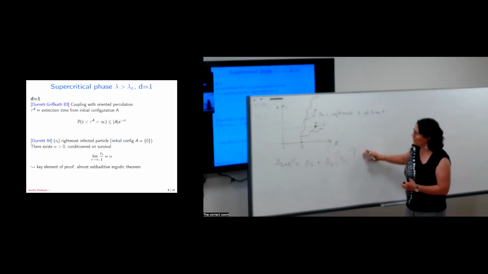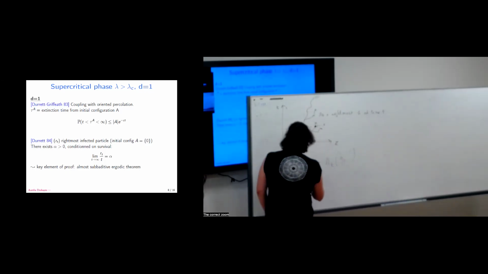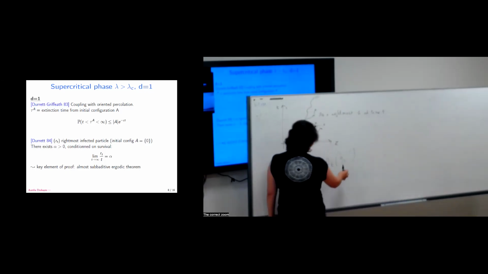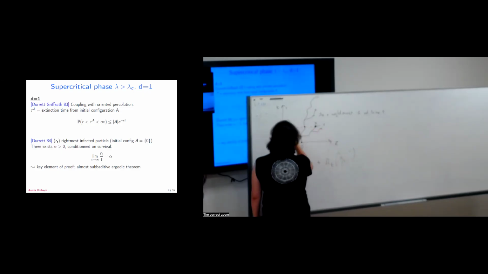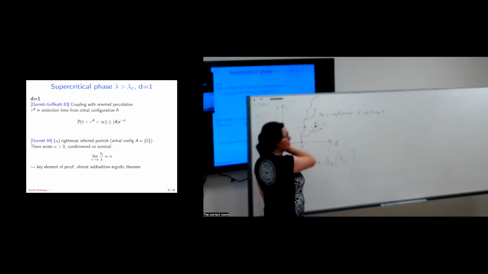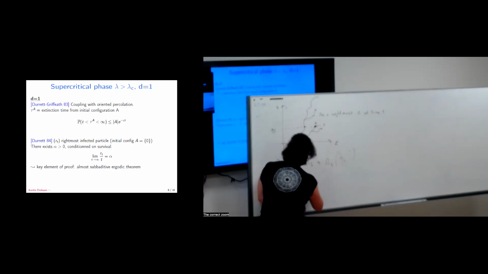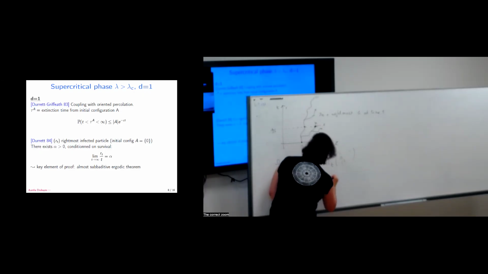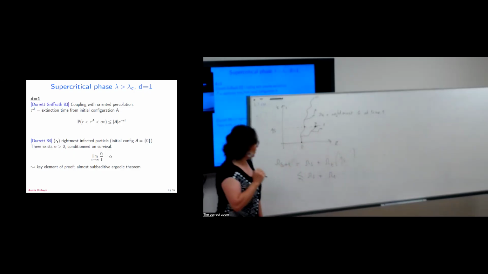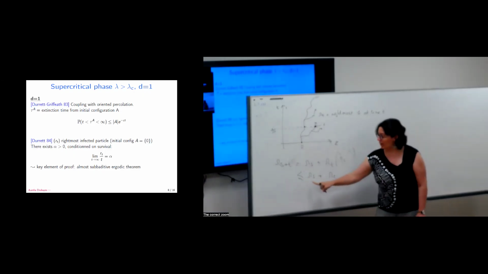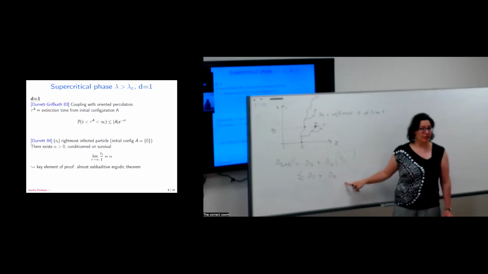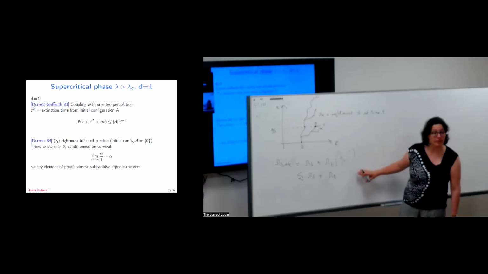But thanks to the attractivity, if I start with this configuration at time s, forget everything and just keep this one, it will be less than R_s plus something that has the same distribution as R_t. And this is the subadditivity. This is like the displaced version of the configuration, like you move it to 0.